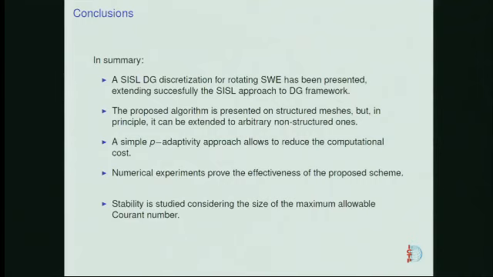Indeed, we have hanging nodes in this approach, but with the DG it is not a problem. And I showed you some effects of the p-adaptivity approach in this context, and also some stability properties of the scheme in a non-theoretical way, just considering the maximum Courant number allowed in these simulations.